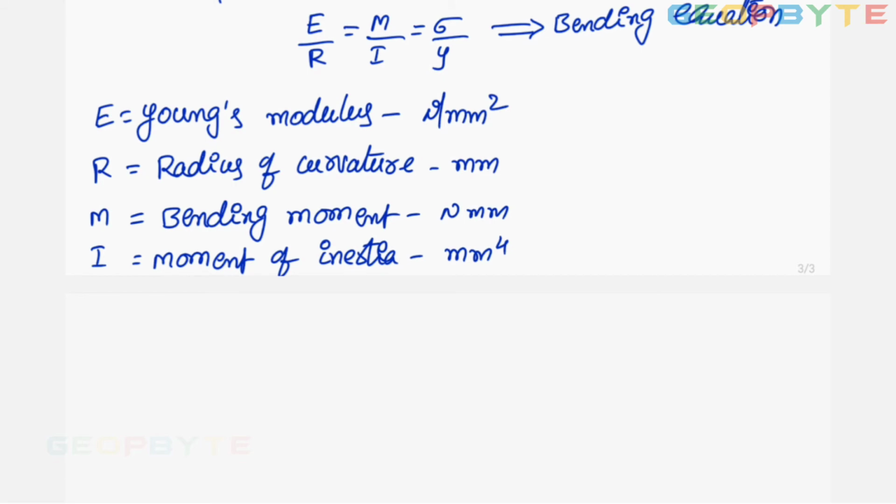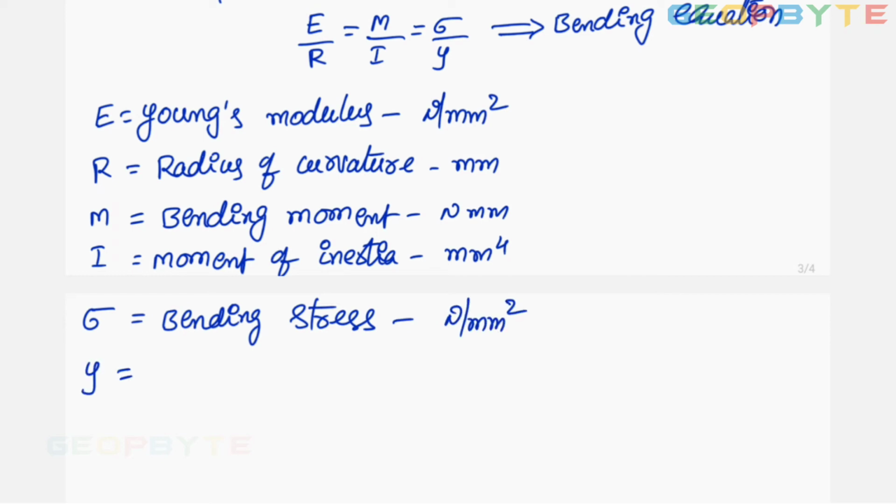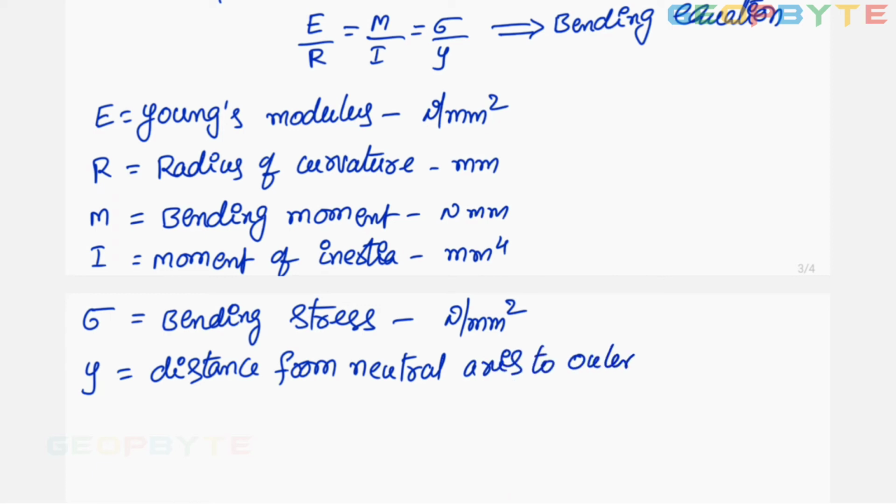Sigma equals bending stress, may be in Newton per millimeter square. y equals the distance from the neutral axis to the outermost layer.